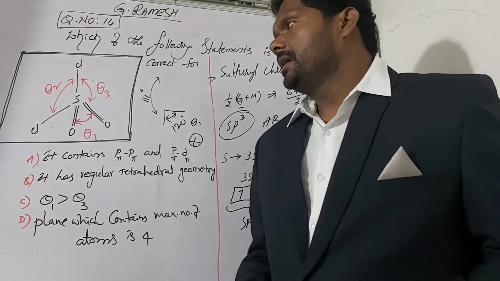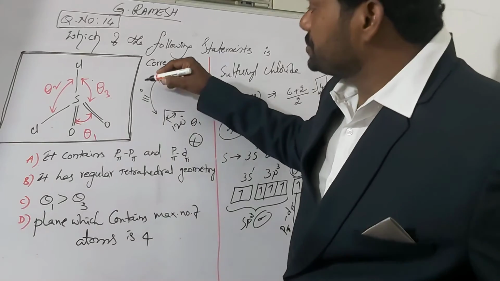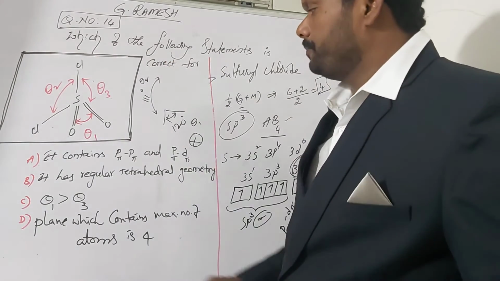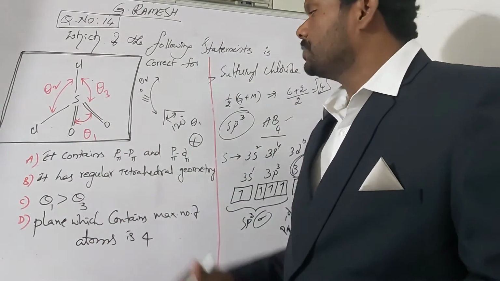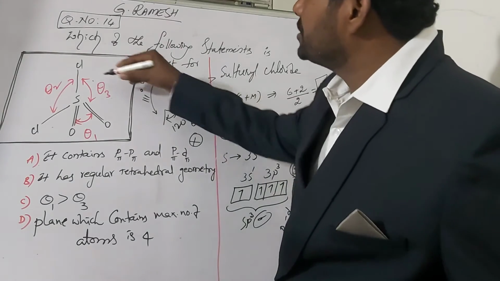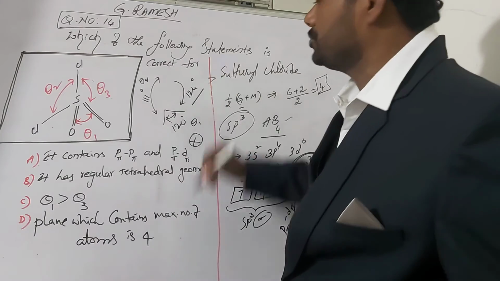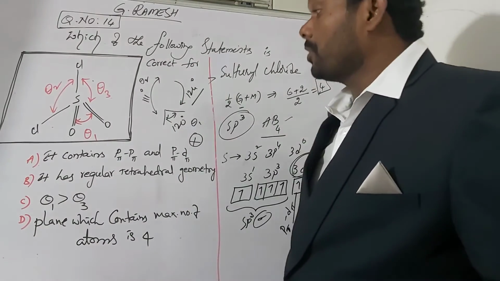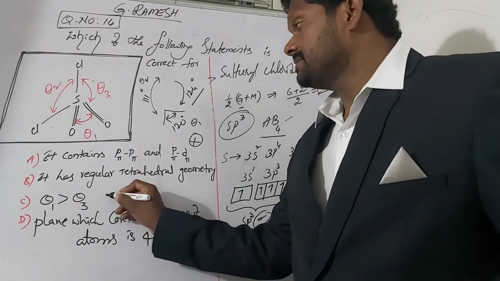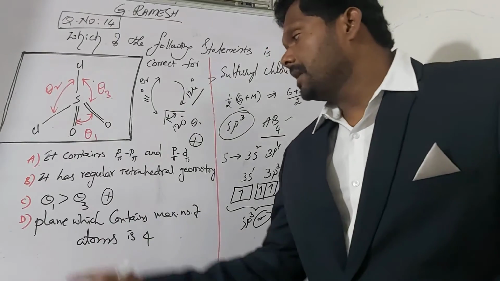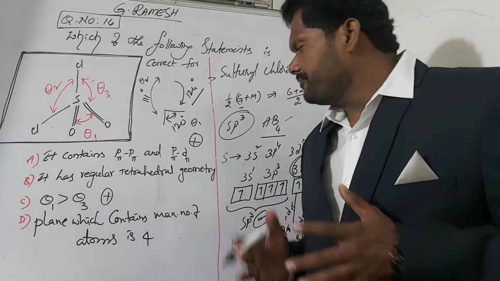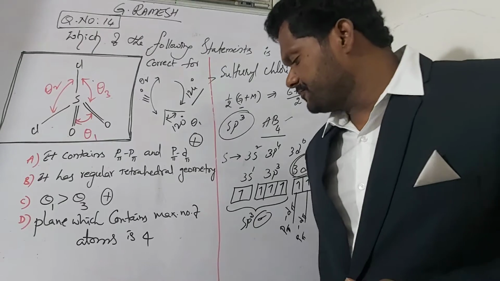This theta 2 is actually low, but here it is not mentioned about theta 2. And theta 3, between chlorine and oxygen, is close to 124 degrees. So theta 3 is more, but it was given as less. It will be wrong. And finally, the plane which contains the maximum number of atoms is 4.